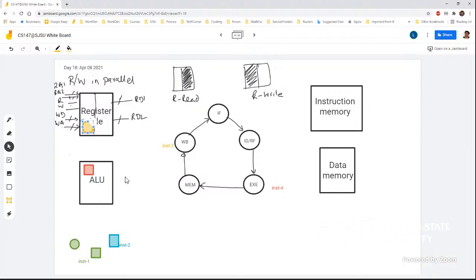Instruction 4 goes into the memory, so it accesses the data memory, and then instruction 3 is done. Instruction 4 goes into the write back. It uses the register file. Voila, done and done.